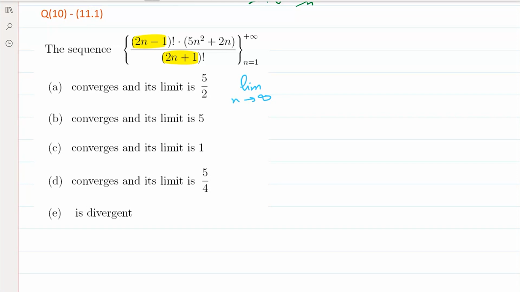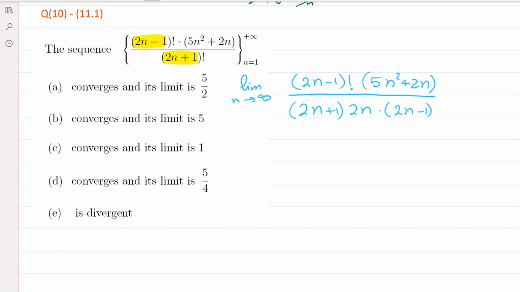So I will simplify the denominator and keep the numerator as it is with its factorization, and 5n squared plus 2n as it is in the denominator. What will the 2n plus 1 factorial be? 2n plus 1 multiplied by the previous one, which is 2n, multiplied by the previous 2n minus 1. And you simplify that one with that one. Because of that, we start with the larger one.